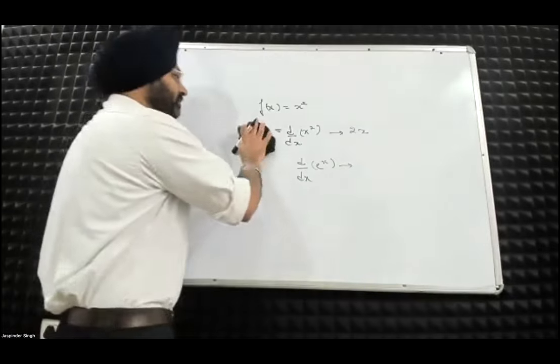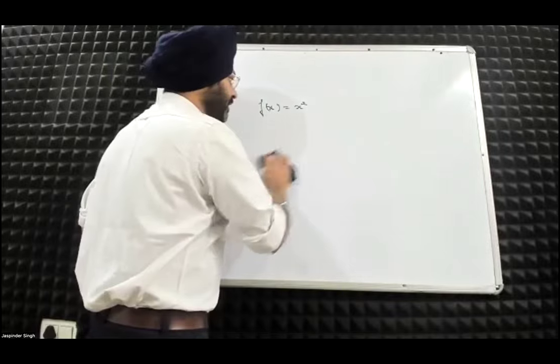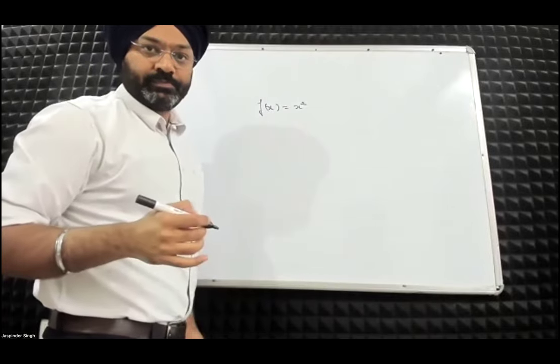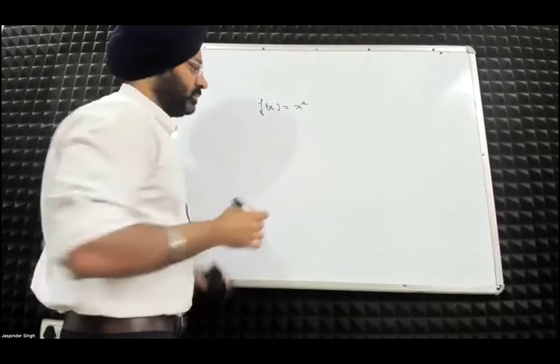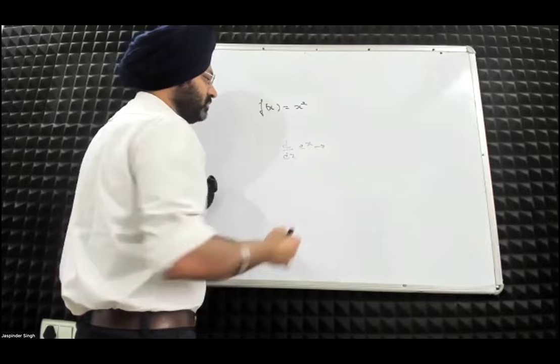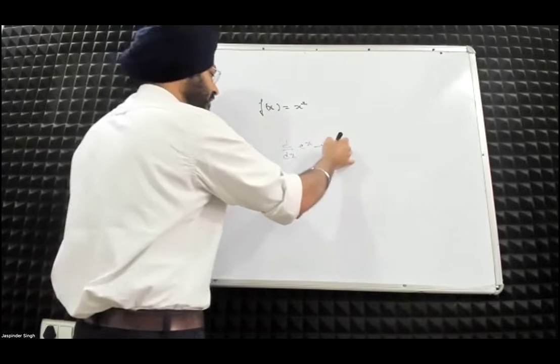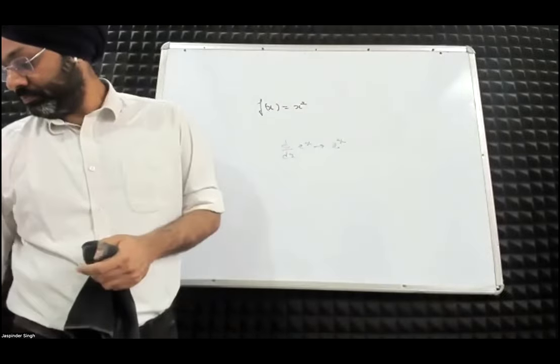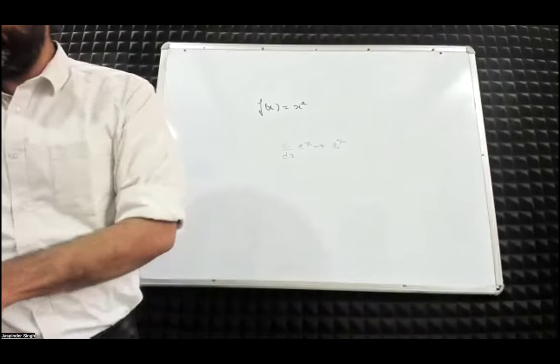Let me know if you find out, but let's stick to this one. ∂/∂x of e to the power x is what? e to the power x. E to the power x, okay?